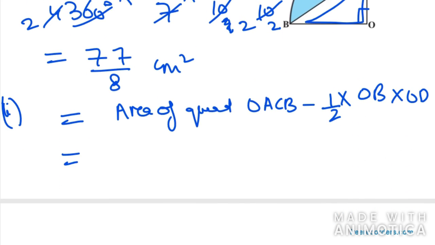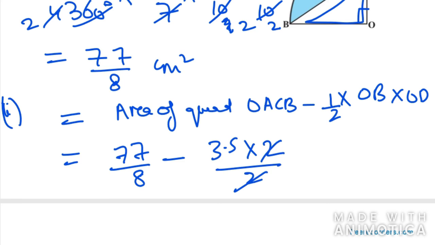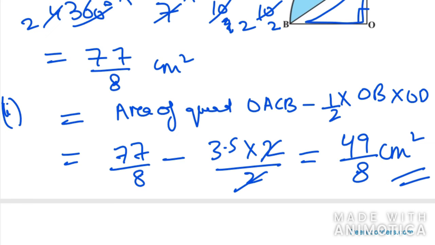So area of quadrant is 77/8 and half OB times OD, that is 3.5 into 2/2. So let us take LCM for same. So when you take LCM, you will get your answer as 49/8 centimeters square. So we'll meet you in the next class.